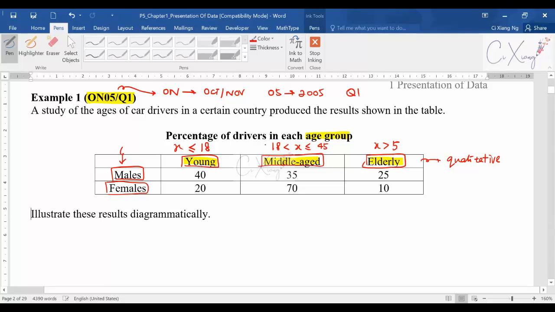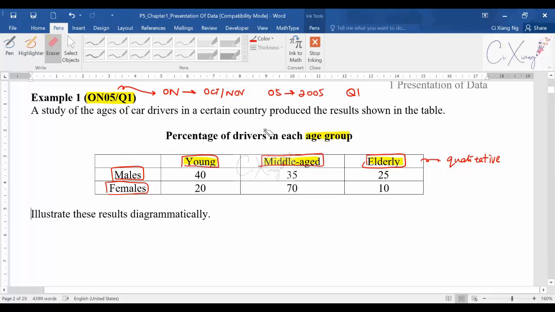Okay, so if they give it like this, then this one is quantitative. Okay, so I hope that you can see the difference. So when they give it in names, it is actually qualitative. All right, so that means this whole table, they are talking about qualitative data.